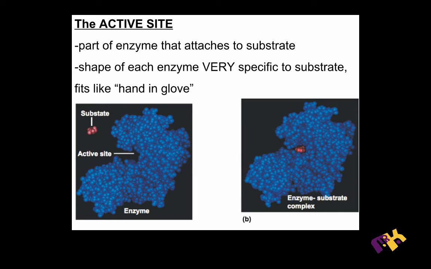It's like taking your hand and we get a 3D mold of it, right? And then we hand sew a glove around that model of your hand, and so now you have a glove that fits perfectly on your hand specifically. If we try to put it on anybody else, the subtle differences, even if the hands are similar in size, are going to make that glove not fit right.